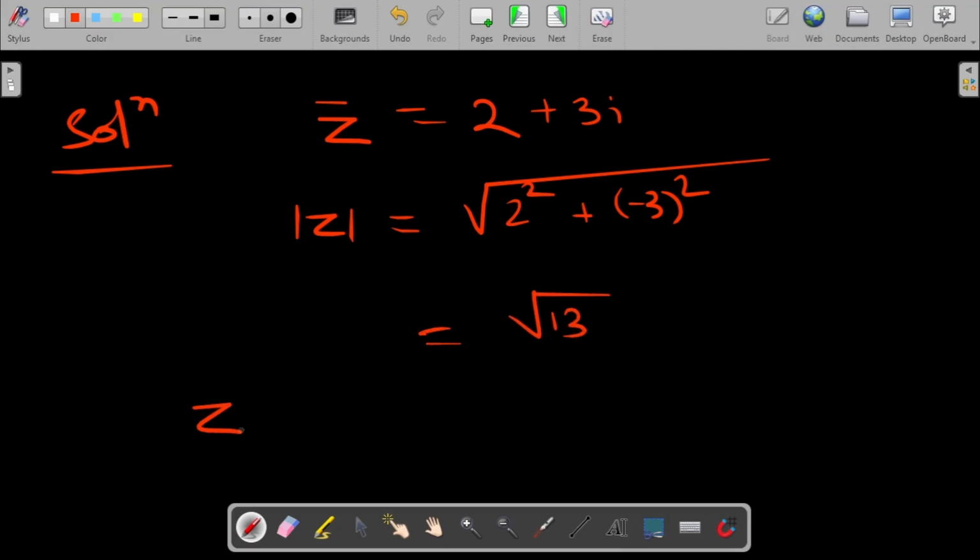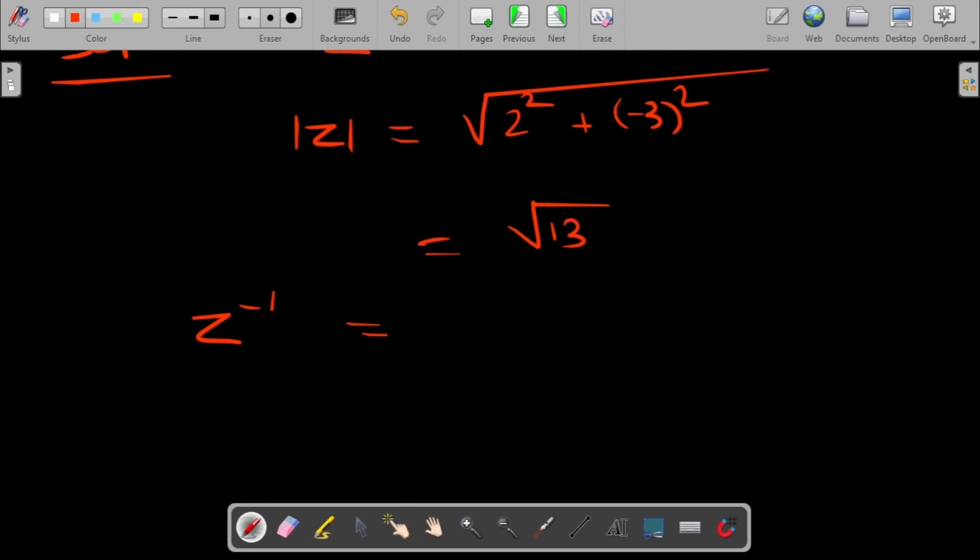So z inverse is what? Z inverse is z bar, which means the conjugate of z, divided by the modulus of z whole square.